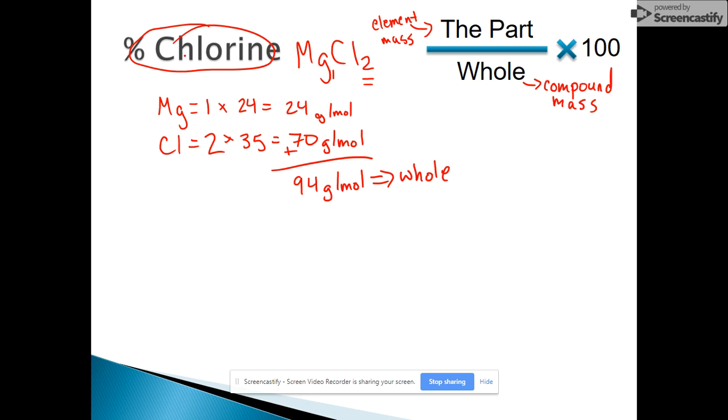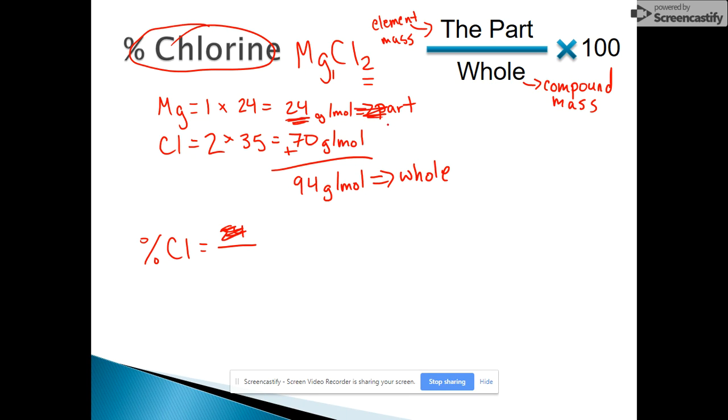Our problem is asking us for the percent of chlorine. So we're going to focus just on chlorine, and that's going to give us our part. So percent chlorine is going to equal our part, which is 24, because that's the mass of chlorine. That's magnesium. I messed that up.